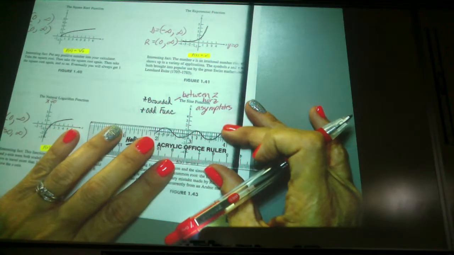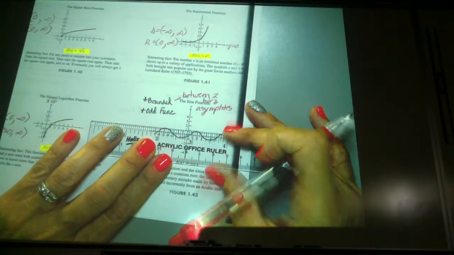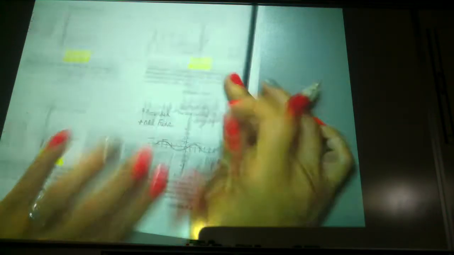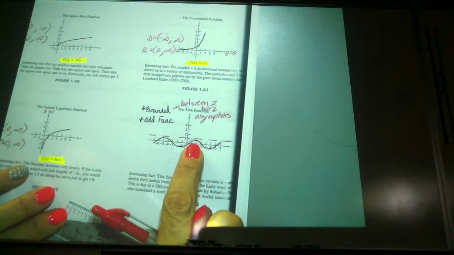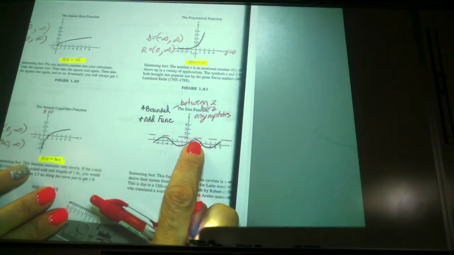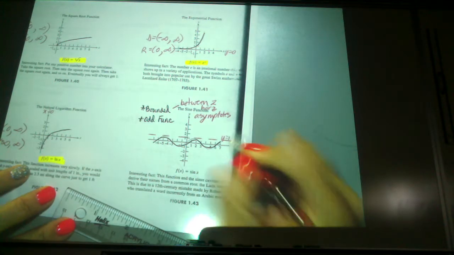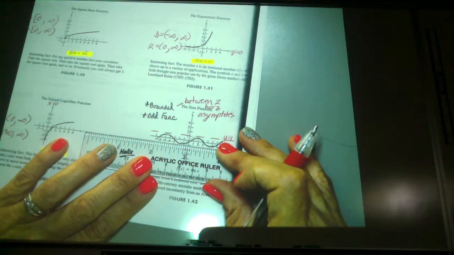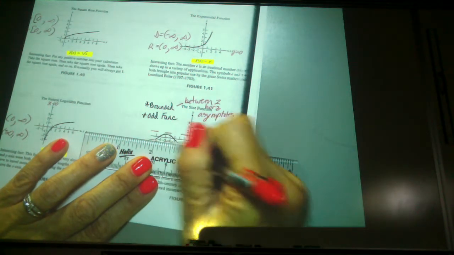And you will become very familiar with the sine and the cosine functions, which we're going to look at here in a minute. They do have sort of a horizontal axis. It's not exactly a horizontal asymptote because it actually touches y equals 1. And it actually touches y equals negative 1. But it is bounded between those two horizontal lines.